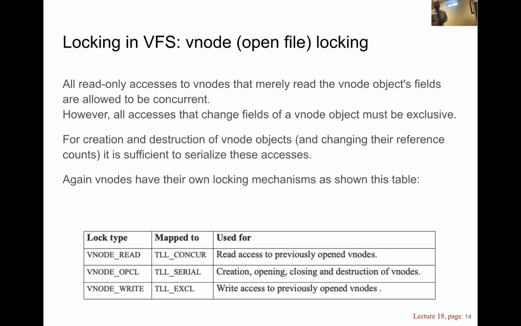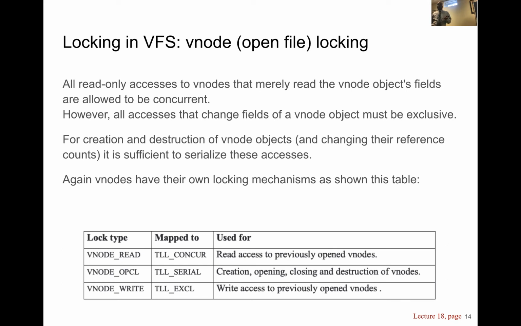Now, if you look at the next data structure, which is vnode or open file locking, again you have similar concepts. When you want to do a read or open the file in read mode, you are going to essentially lock the vnode using a read lock.